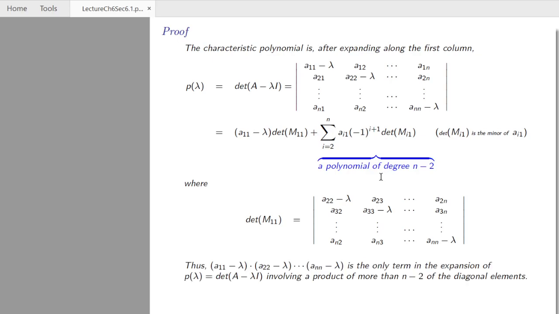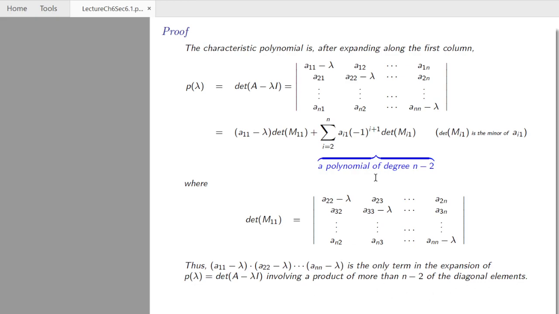From this, we can say A11 minus lambda times A22 minus lambda times up to ANN minus lambda is the only term in the expansion of the characteristic polynomial involving the product of more than n minus 2 of the diagonal elements.